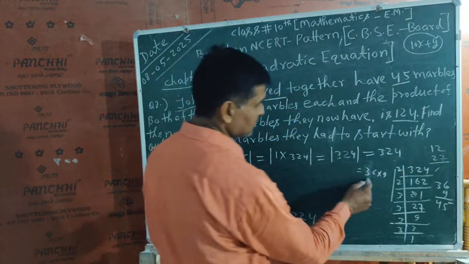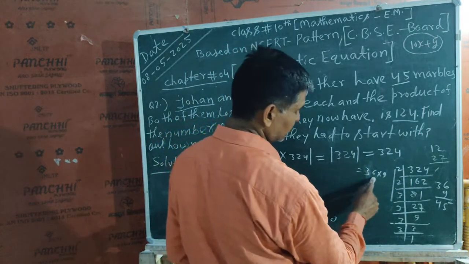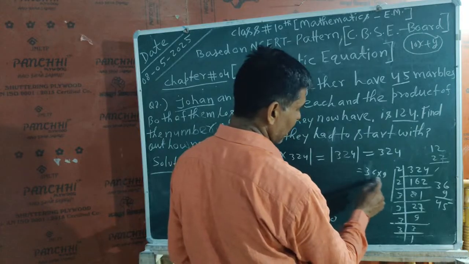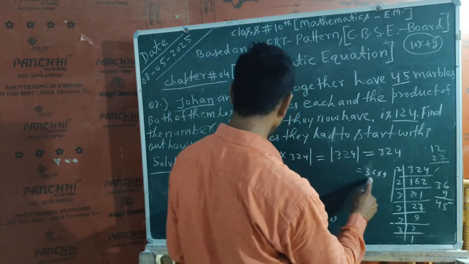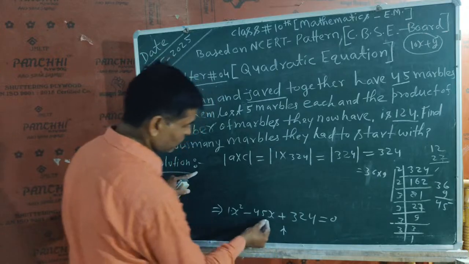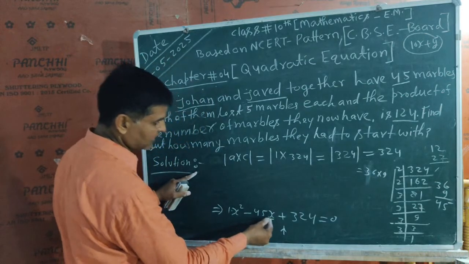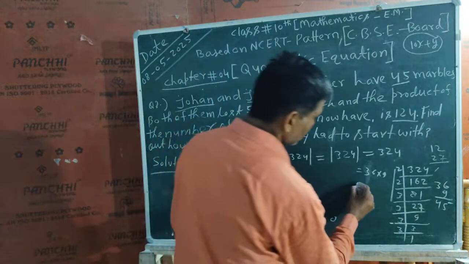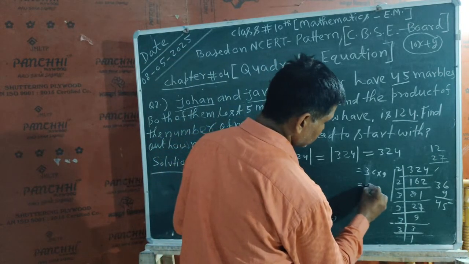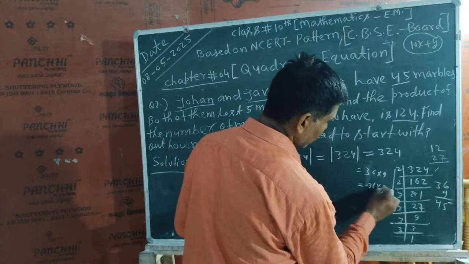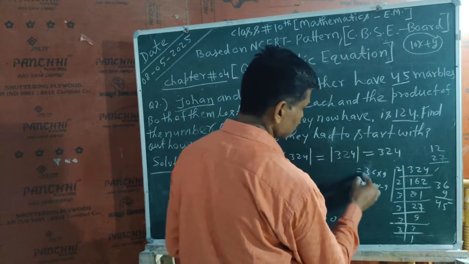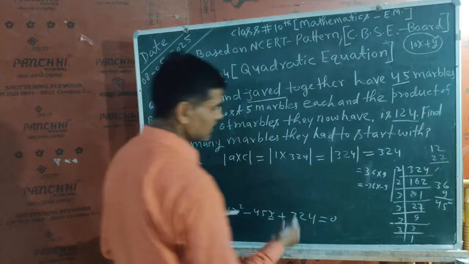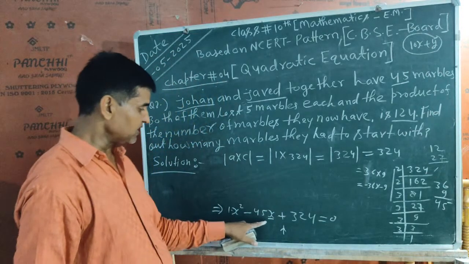So I will add 9 to 36, that will be 45. That will be the coefficient of x. So here I can write one will be minus 36 and the other will be minus 9. So minus and minus will be plus for the multiplication, and the summation will be the coefficient of x.